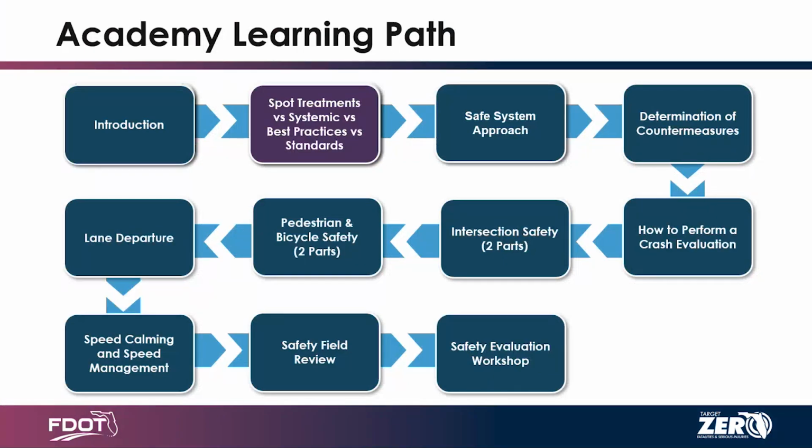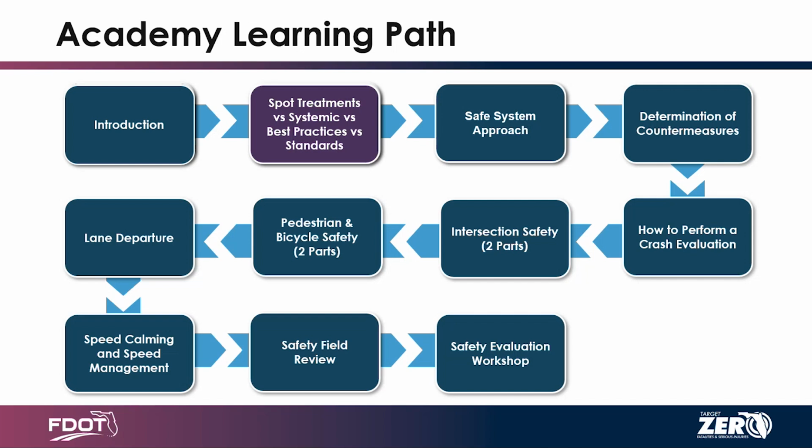So the way we're approaching the academy, because we want to pound the safe system approach in, we're going to be delivering a module entirely on the safe system, and it's going to talk a little bit more about some of those ideas. The determination of countermeasures is getting into thinking through not just doing formulaic if X then Y, but thinking through why we are applying these countermeasures.